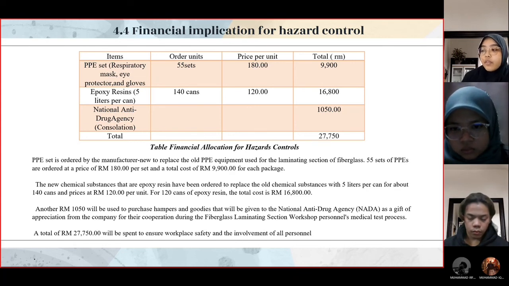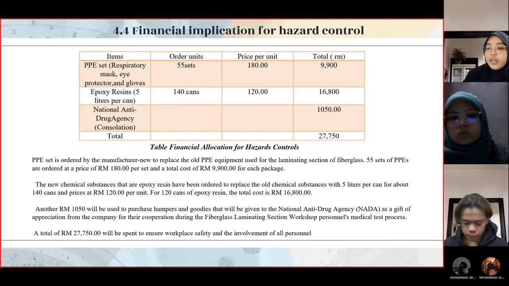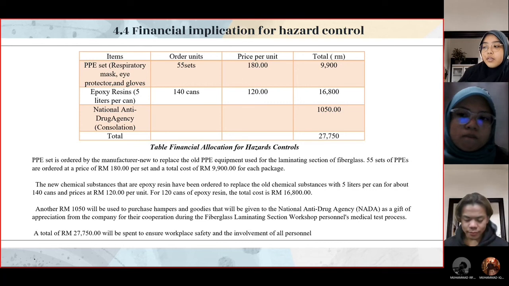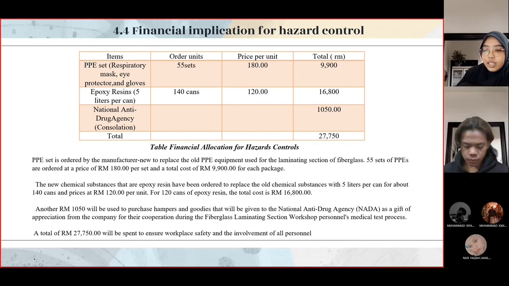PPE set is ordered from the manufacturer new to replace the old PPE equipment used for the laminating section of fiberglass. 55 sets of PPE are ordered at the price of 180 ringgit per set and a total cost of 9,900 for each package. The new chemical substance, resin, has been ordered to replace the old chemical substance with 5 liters per can for about 140 cans and priced at 120 per unit.